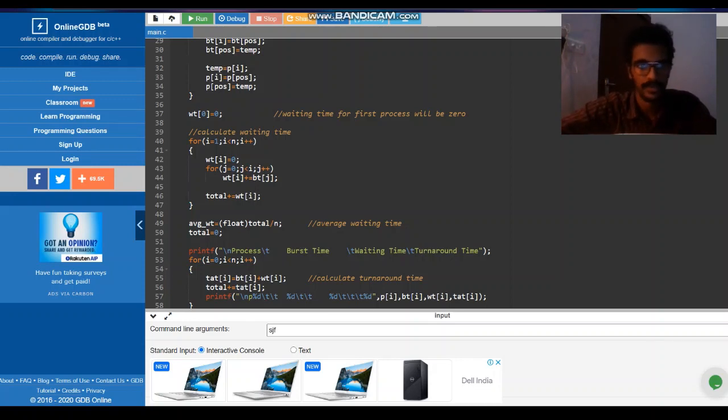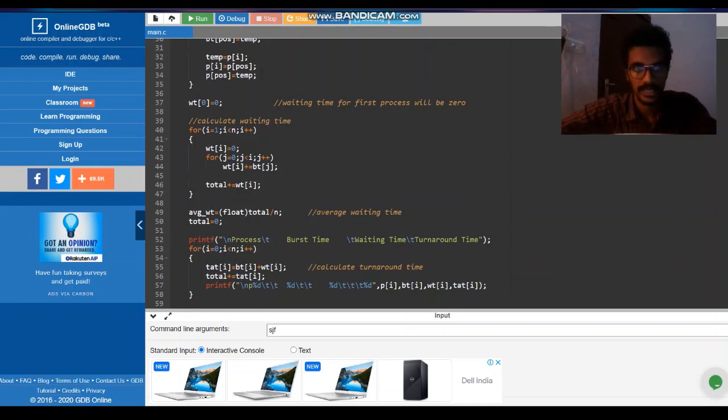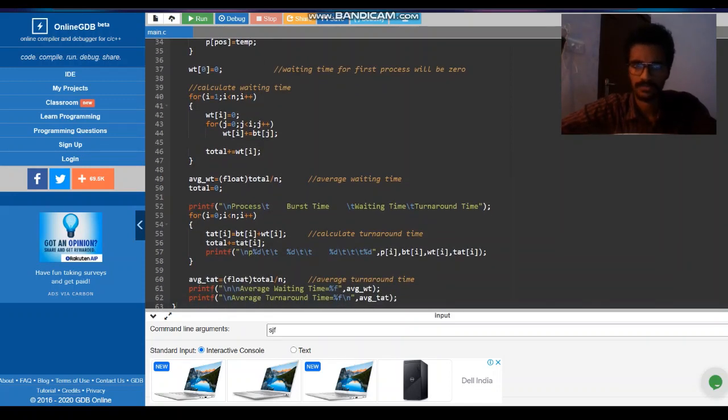Both get added and the value gets saved into wt of i, and then total plus equal to wt of i. All the waiting times of i are summed up and saved into the total variable.